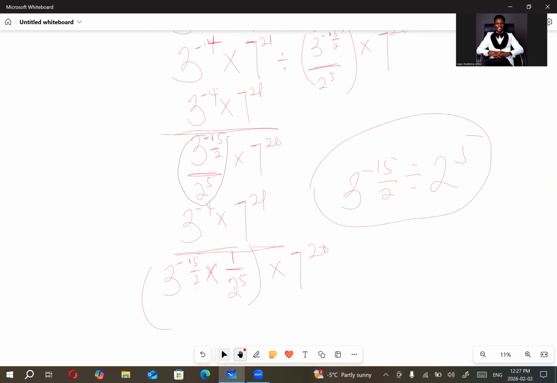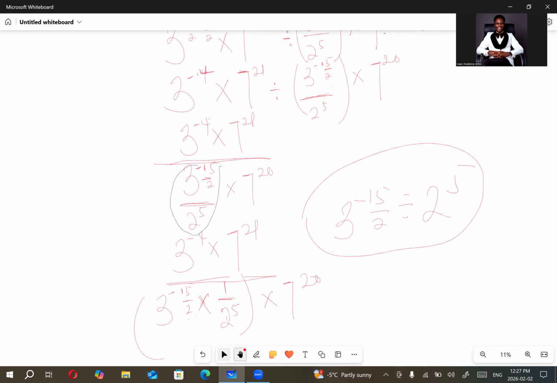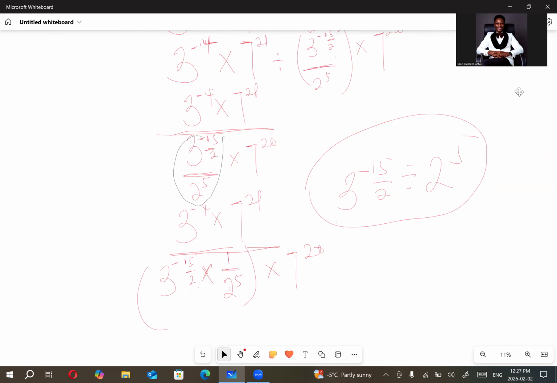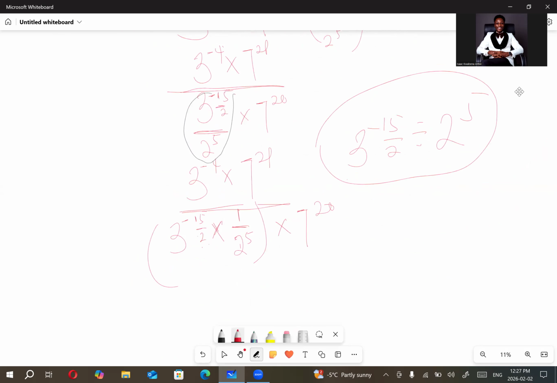We re-express this properly then. Check the denominator for me: that would be square root of 3 exponent 15. Oh, it's a decimal. It's even a negative number, sorry.